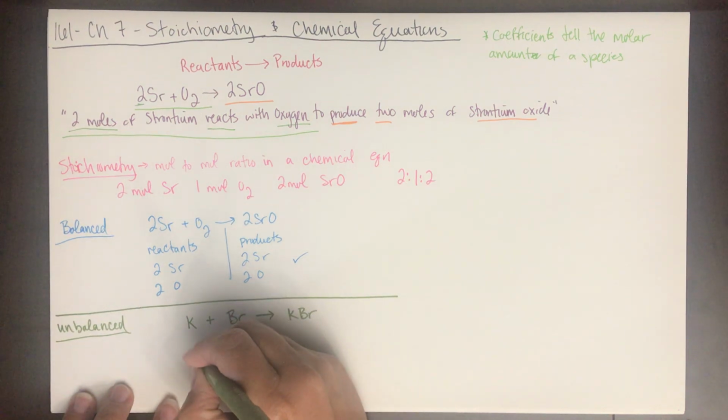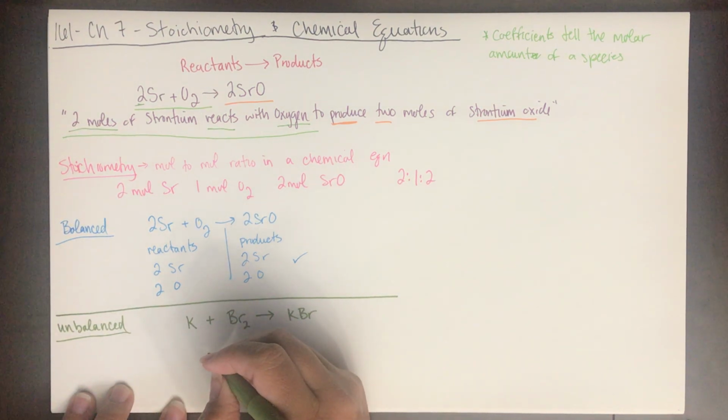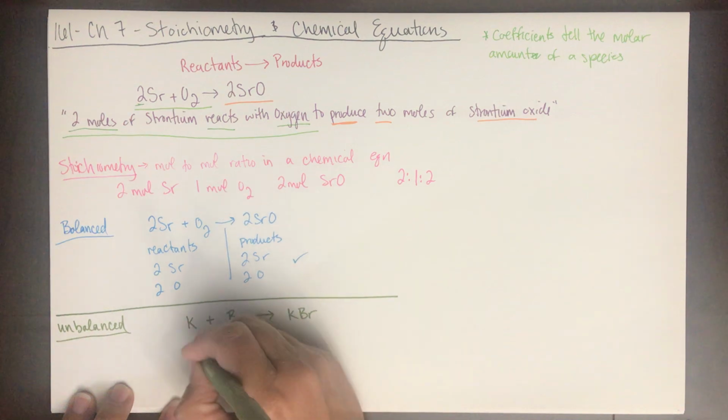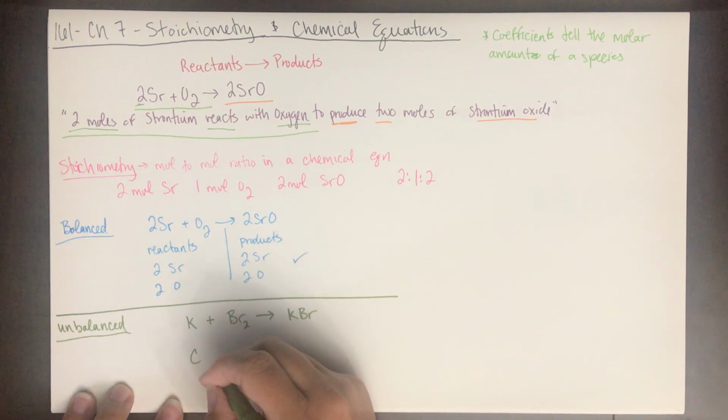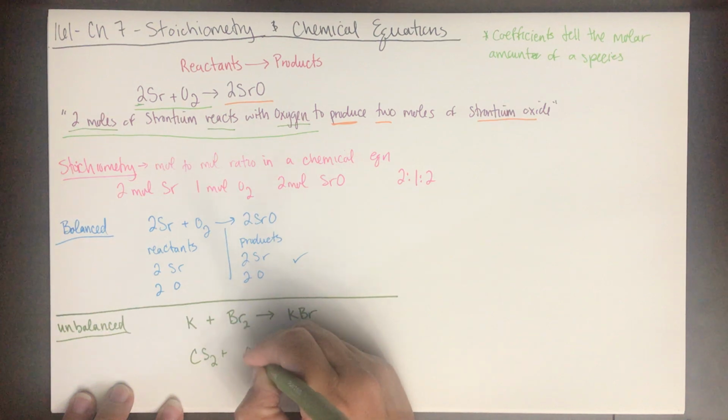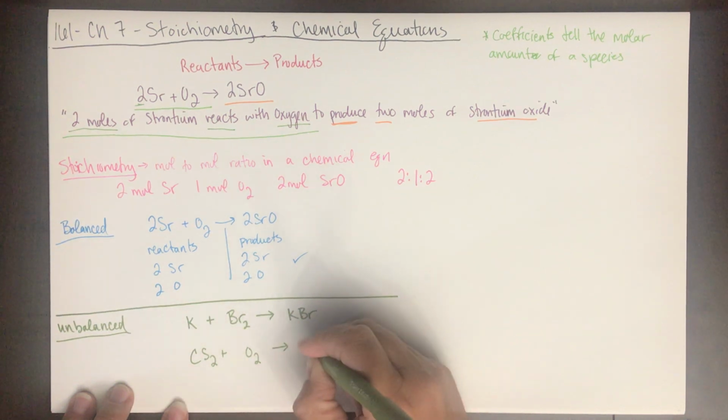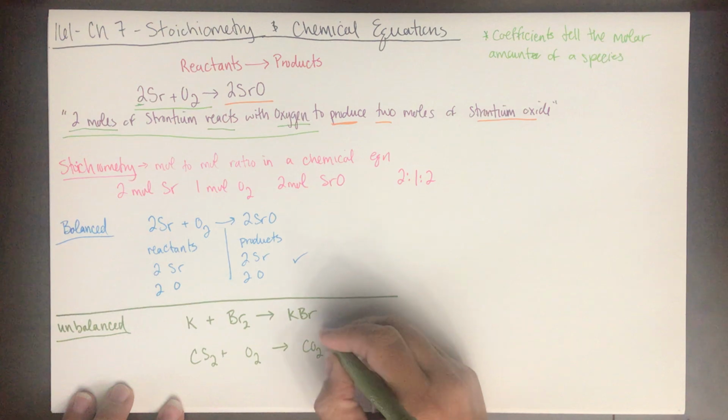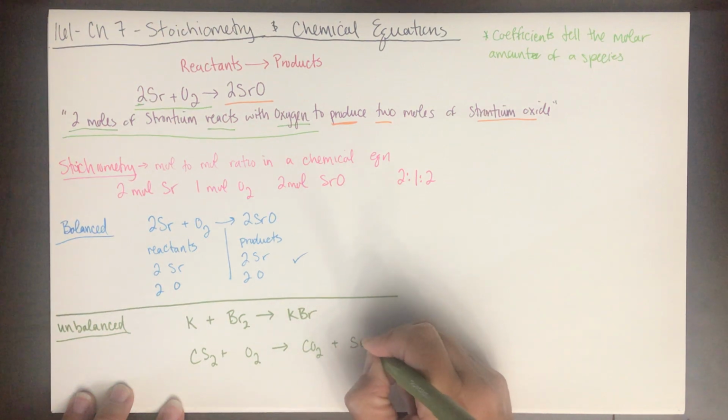So let's say carbon disulfide plus oxygen produces carbon dioxide plus sulfur dioxide.